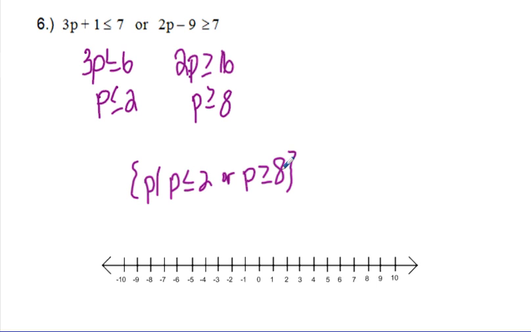Next up, we're going to graph both of these on our number line. Both solutions are less than or equal to, greater than or equal to symbols, which means we're going to be using closed circles at the number 2 and at the number 8. In my first inequality, we are saying that p is less than or equal to 2.